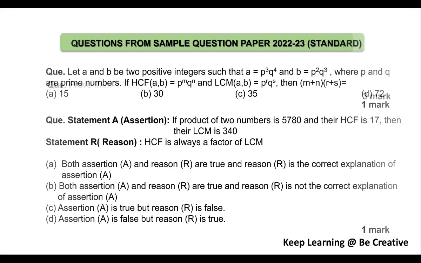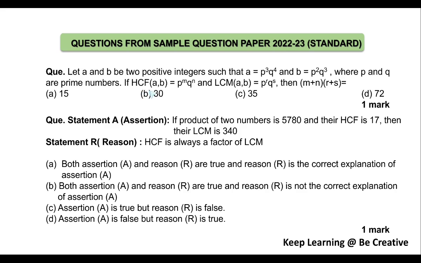If we talk about the standard paper, in that the first question was, let a and b be two positive integers such that a is equal to p raised to power 3 q raised to power 4 and b is equal to p raised to power 2 q raised to power 3, where p and q are prime numbers.